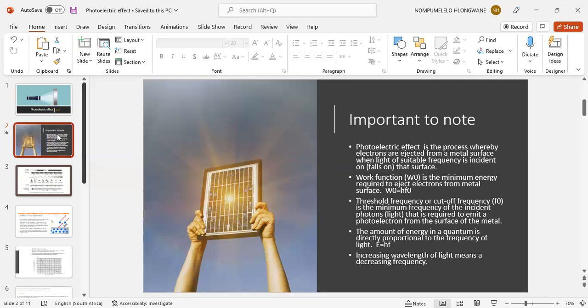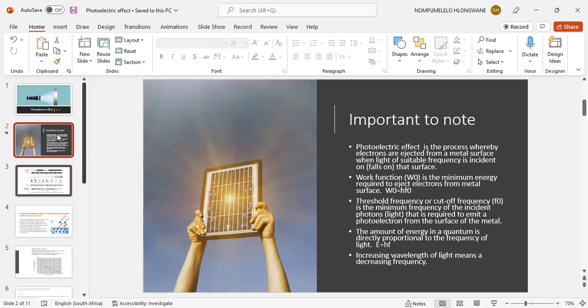A quantum is the energy that a photon of light has. So if the frequency is high, the energy in the photon is high. If the frequency is low, the energy in the photon is low.